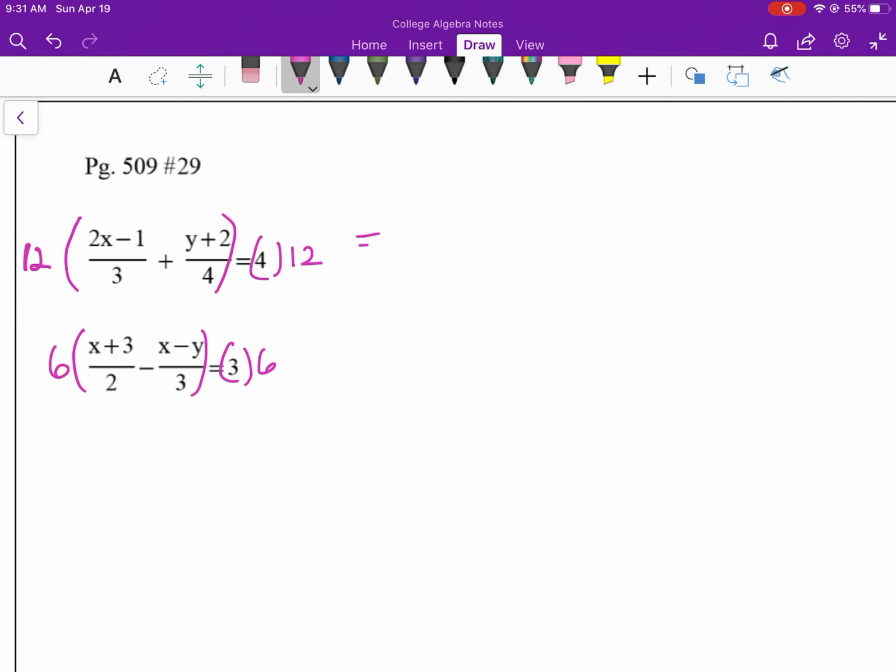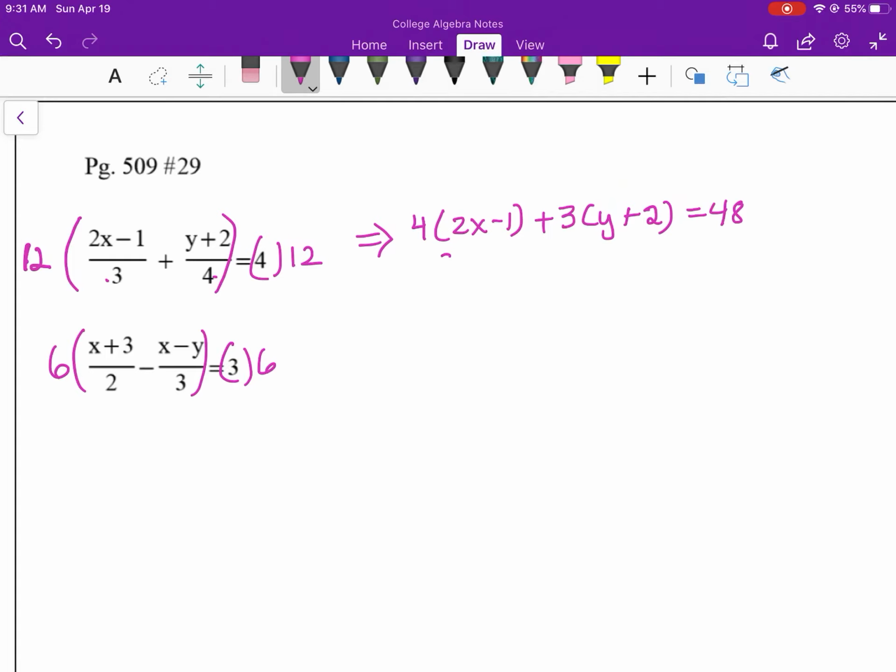That's going to get rid of your fractions. 3 divides into 12 4 times. 4 goes into 12 3 times. And then I have it equal to 48.